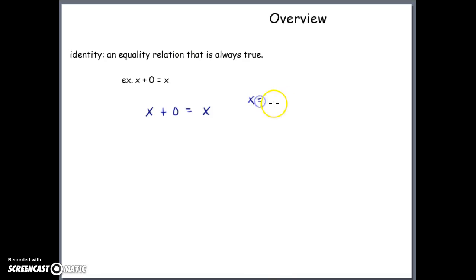Let's just say x for whatever reason equaled 1,202. If we plugged in 1,202 to both of the x's and we simplified both sides, 1,202 plus 0 is just 1,202, and that equals 1,202. This identity here will always result in a relation that is true.